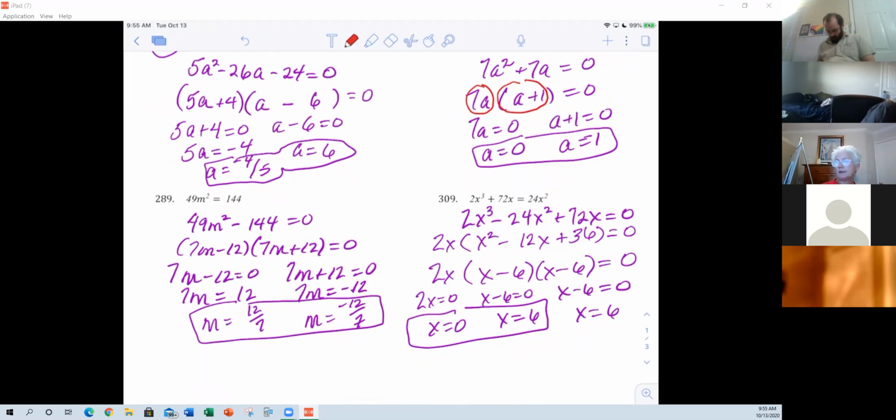And then you just take those factors and set them each equal to 0. So 7m - 12 equals 0, or 7m + 12 equals 0. Then you solve both of those linear equations and you wind up with 12/7 or -12/7.